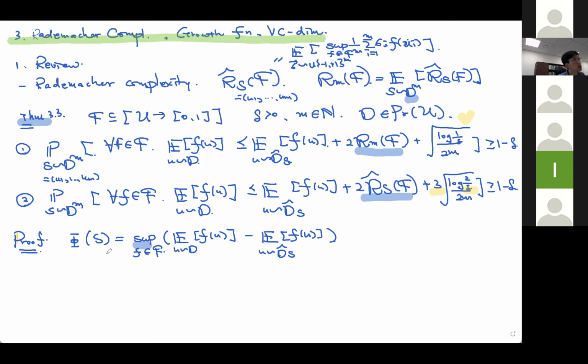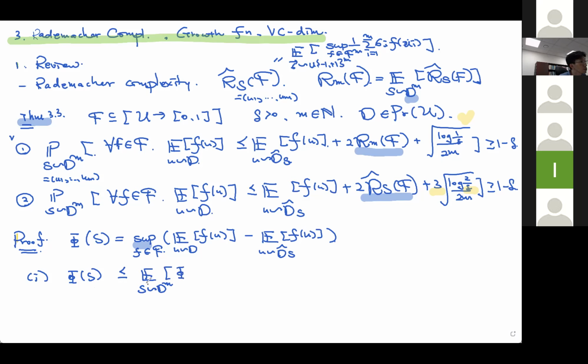So this is the quantity, and the proof of this first statement consists of 2 parts. The first part is to show that we compare phi of S with its average. Its average is the expectation, where S is a sample from D to the m.